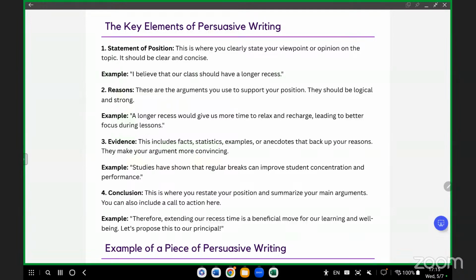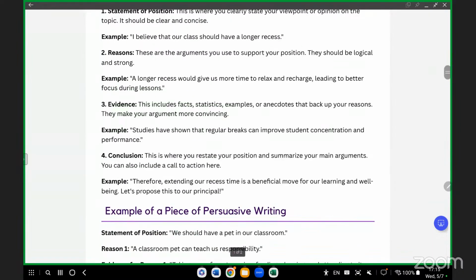Number 3, evidence. That's the exact same as in a teal paragraph. So this includes facts, statistics, examples, or one thing that we can include in a piece of persuasive writing that we shouldn't include in a debate argument is anecdotes, which just means stories from your own personal experience.